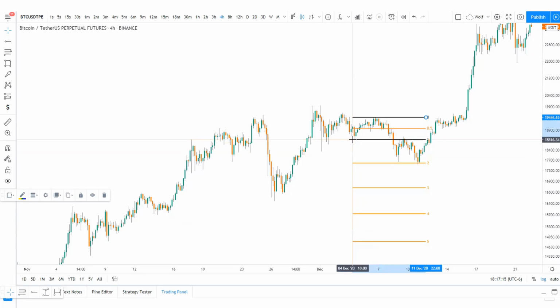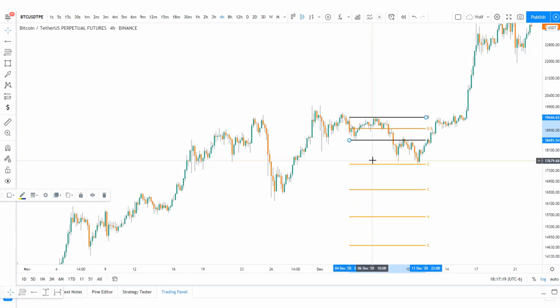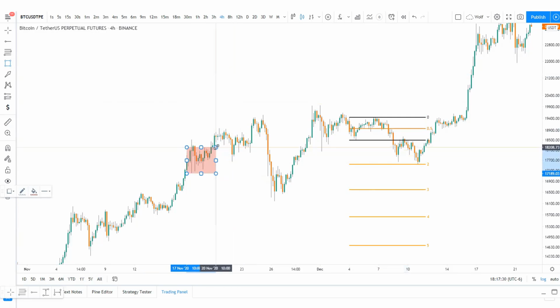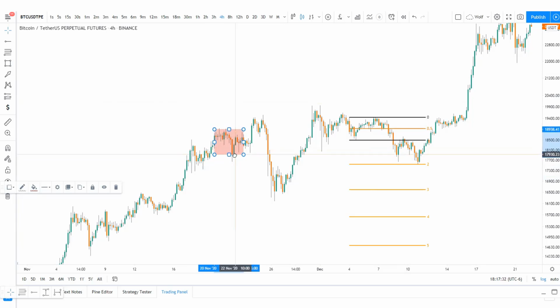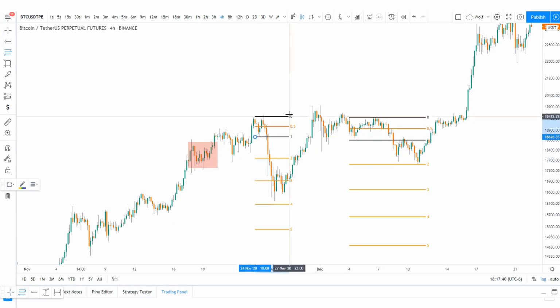But I like to take a swing that should really be close to the same size as whatever market structure you're in. If your market structure is this or this or this, right, you don't want to take too small a swing. Like this one right here, you wouldn't want to take that.